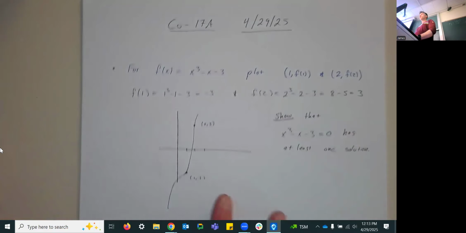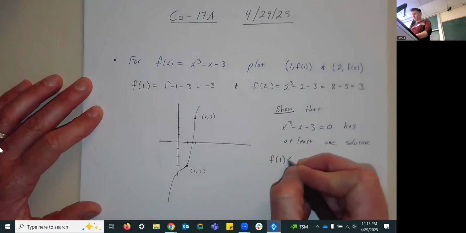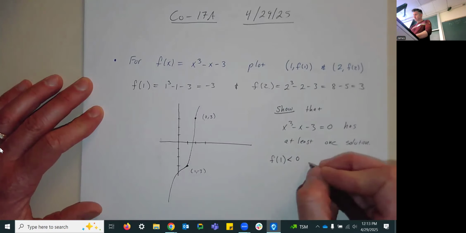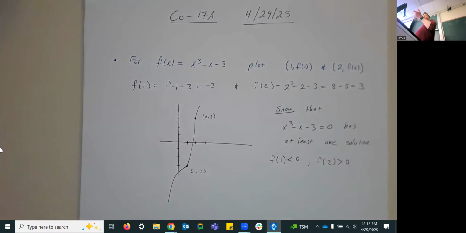And it does. What we can see here is that f of 1 is certainly negative. F of 2 is certainly positive. And since the function's continuous, you have to get from every y value that goes from negative 3 to positive 3 and everything in between.